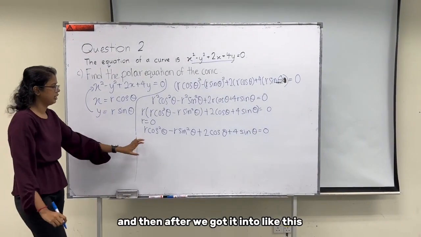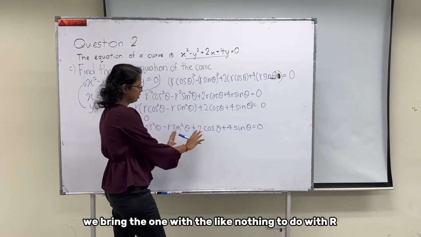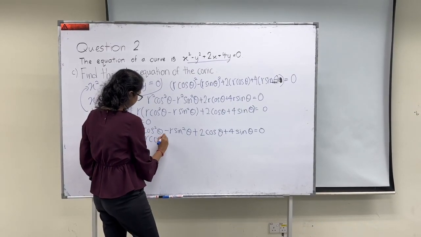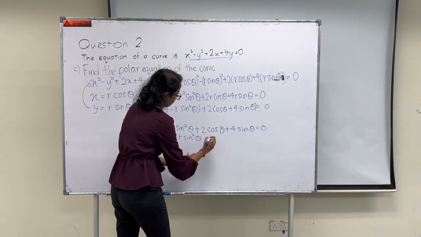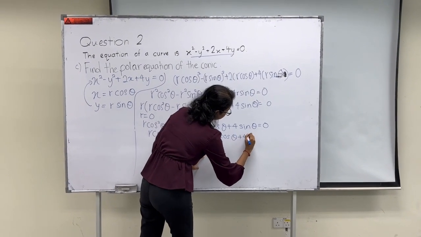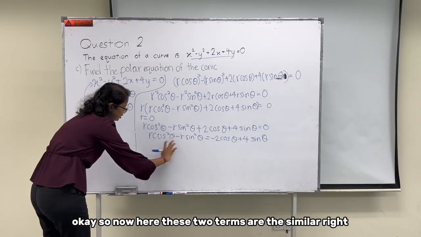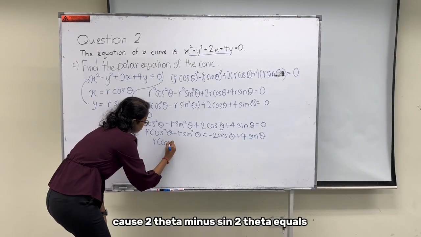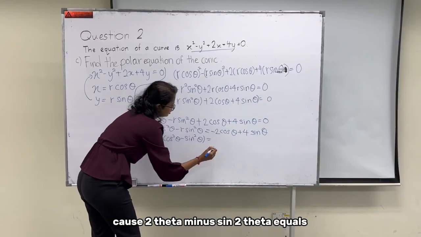Here you can see that r equals to 0 is one solution, so the remaining one we can just write back here. Then we bring the terms that have nothing to do with r, which is these two terms, to the right side. Here these two terms are similar, right? So we take the r out: r times cos square theta minus sine square theta.